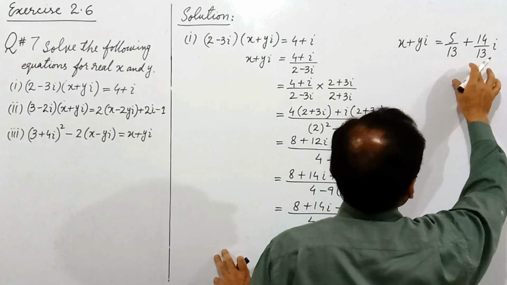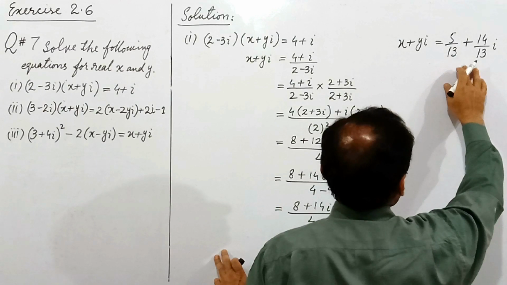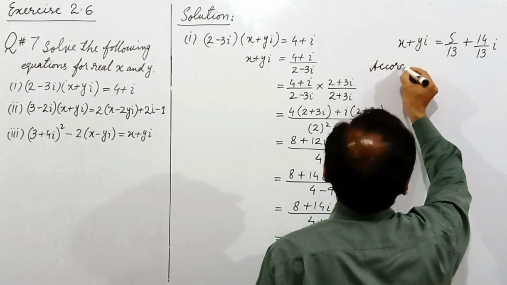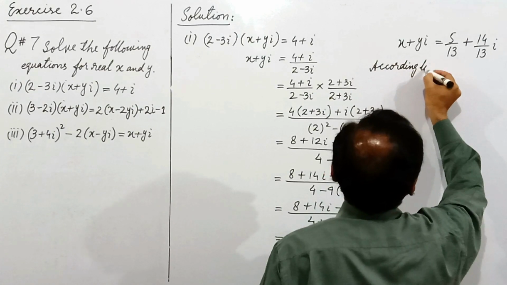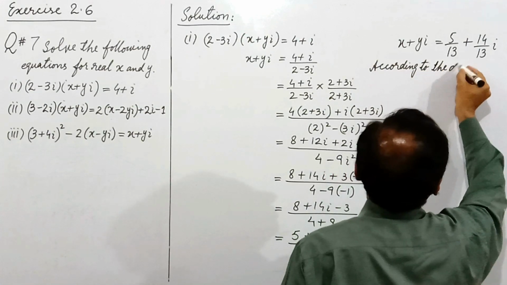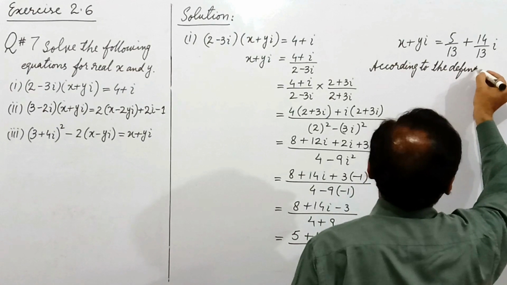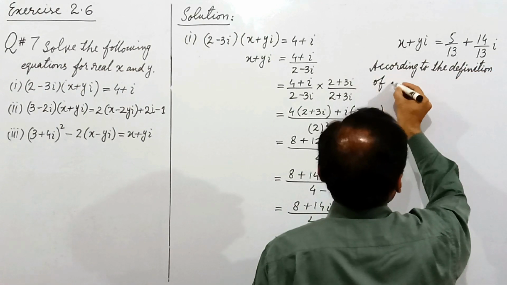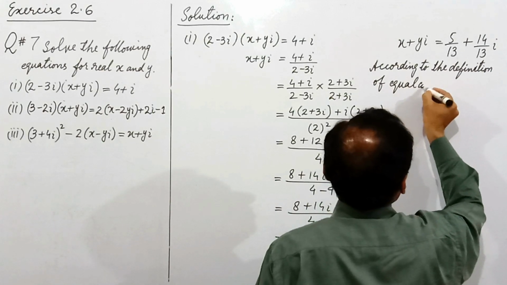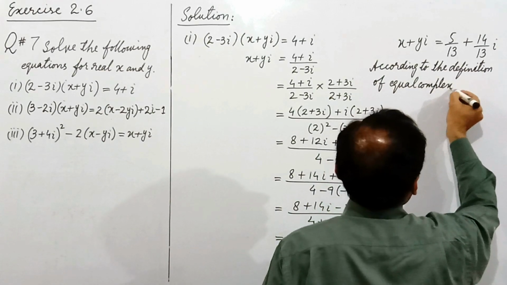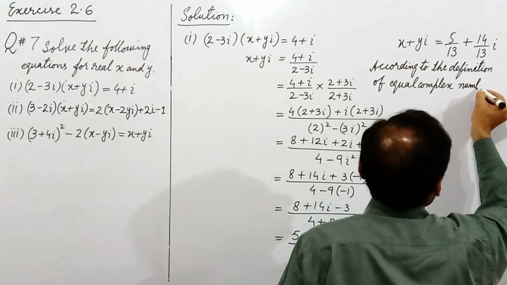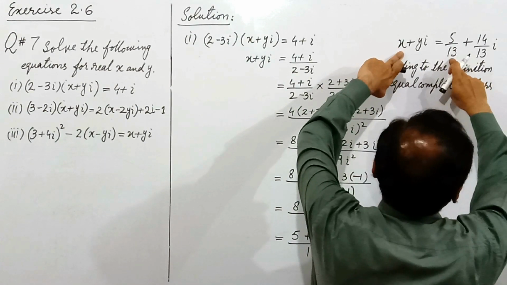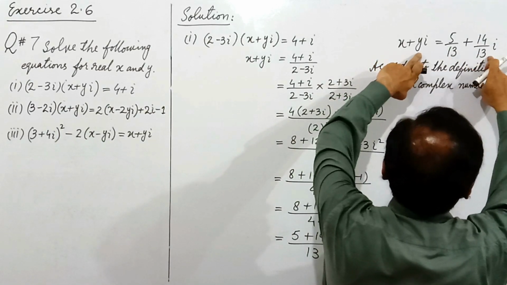As we observe, on both sides we have complex numbers. So according to the definition of equal complex numbers, the real parts are equal as well as the imaginary parts.